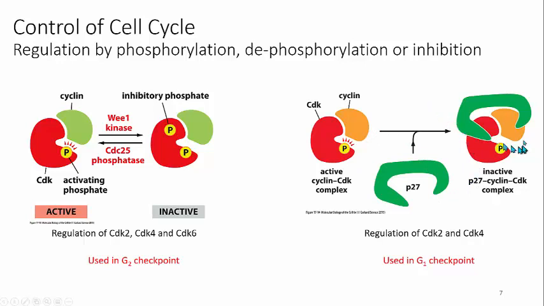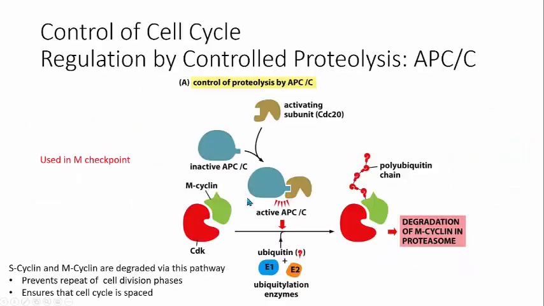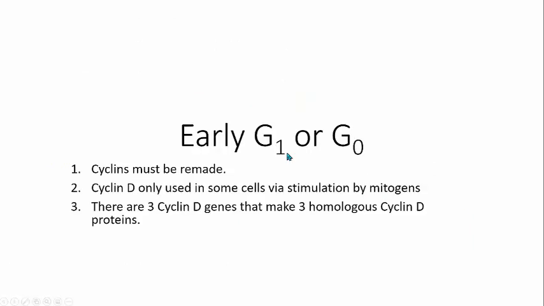CKIs are used by direct suicide inhibition using the CKI protein. This is the method used in G1. And in the M phase checkpoint, we use the complete ubiquitination of the CDK cyclin complexes to facilitate their destruction.